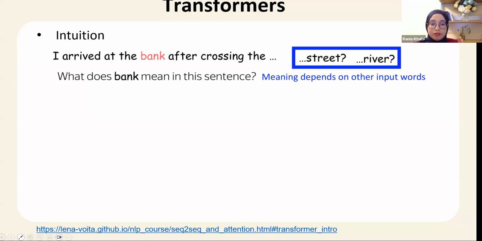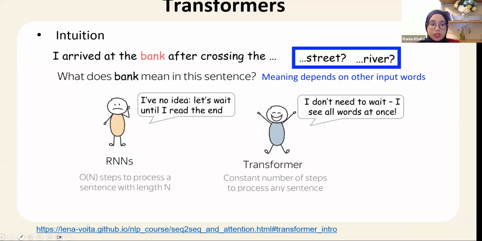If we rely on traditional RNNs, the model cannot determine the meaning of bank immediately. It has to process the entire sentence step by step, and only then can it decide, because RNNs do not have access to all tokens at once. However, with transformers the situation is different. The model doesn't need to wait for the full input.